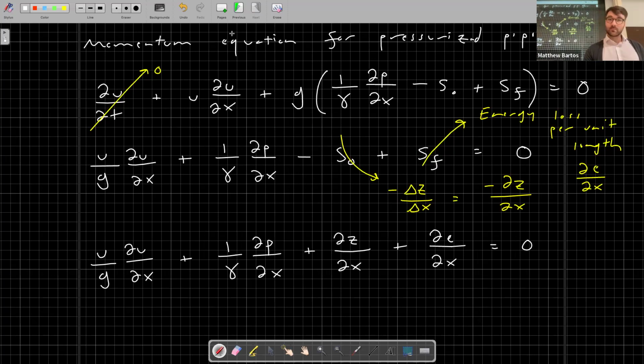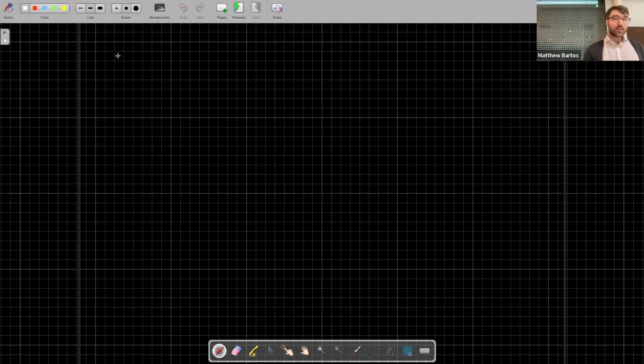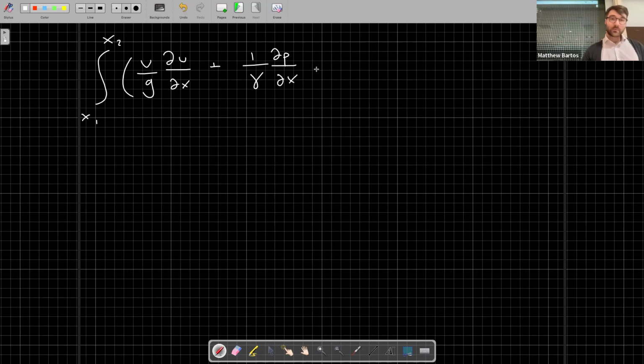So let's go ahead and do that. Let's apply an integral from some upstream point x1 to some downstream point x2. We'll have u over g times du/dx plus 1 over gamma dp/dx plus dz/dx plus dE/dx dx is equal to 0. Let's separate out these terms.